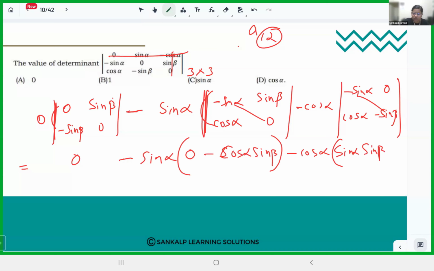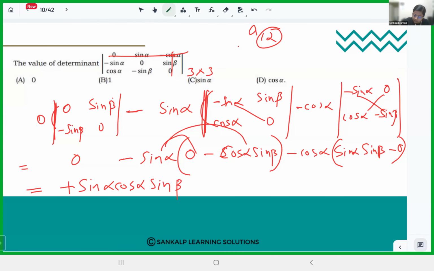Minus 0 into cos alpha is minus 0. Now what is the answer? Minus sine alpha into 0 is 0. The second one is plus sine alpha cos alpha sine beta.